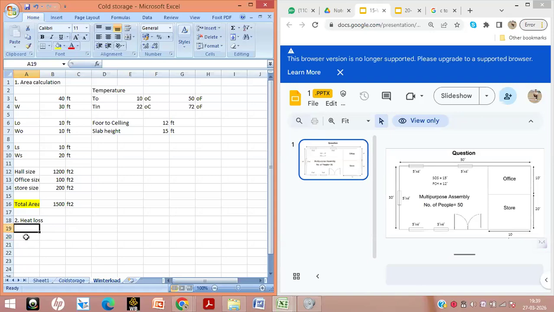So in heat loss, we'll consider A, called wall heat loss. In wall heat loss, we have total area of 1500, and how many windows? Windows is 5.